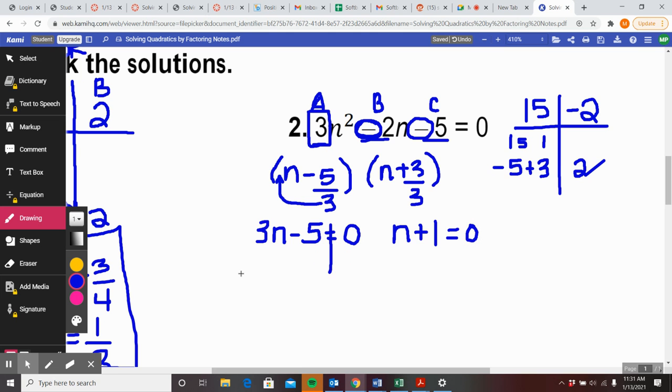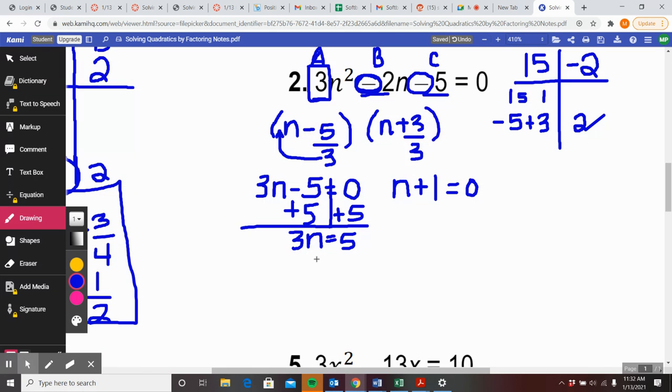Now I'm just going to solve. So what are my steps to solving? What do I got to do first here? It is subtracted, so I have to do the opposite. You add. 3n equals 5. Then what do I do? Divide by 3.